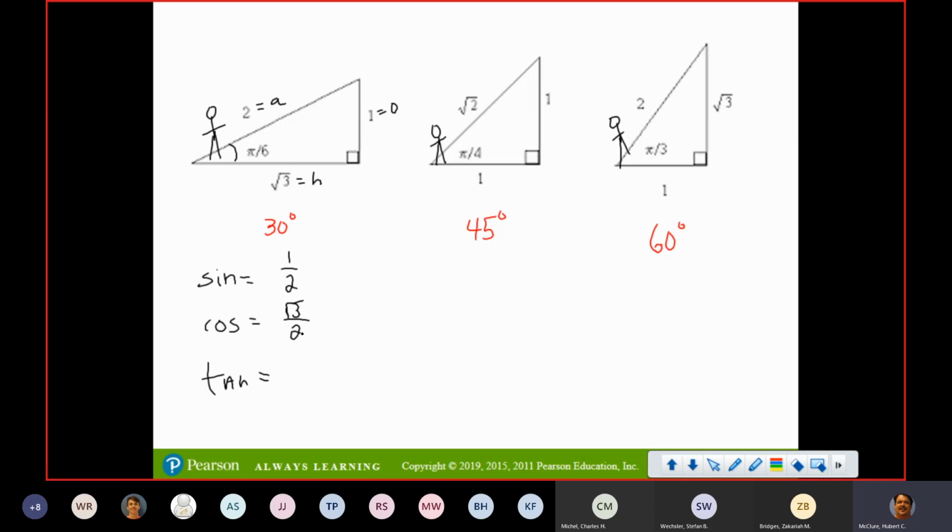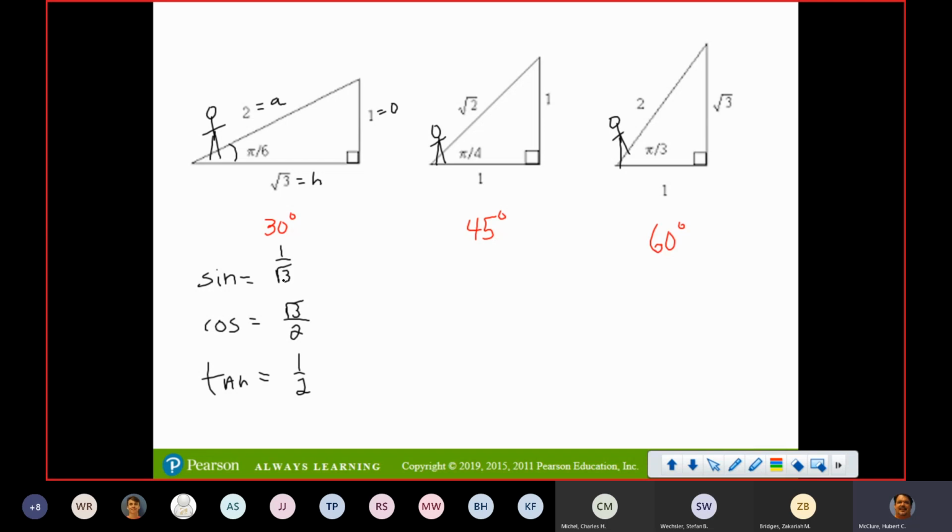Of apple, 1 over the square root of... no, that's 1 over square root of 3. That's 1 over 2. Sorry. Let me erase that. So that's 1 over square root, Oscar had, 1 over square root of 3.